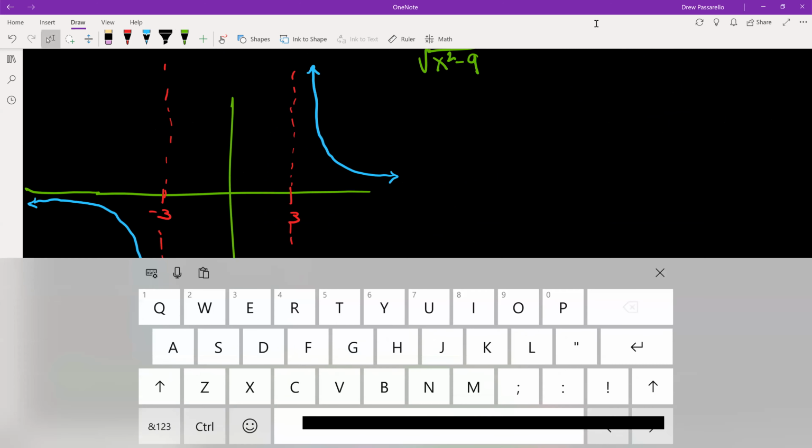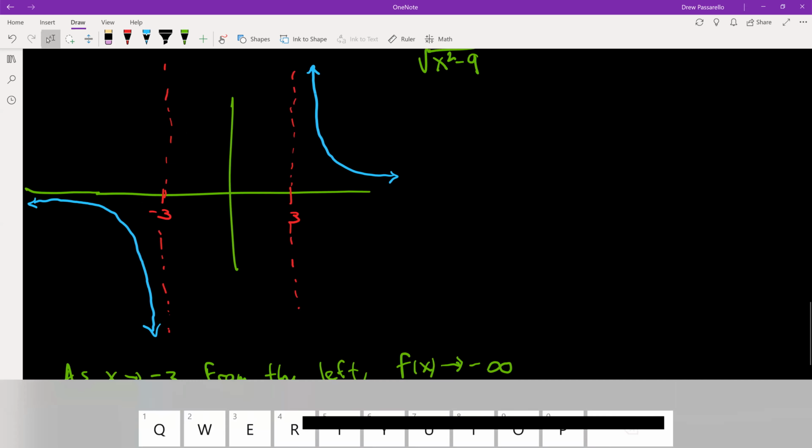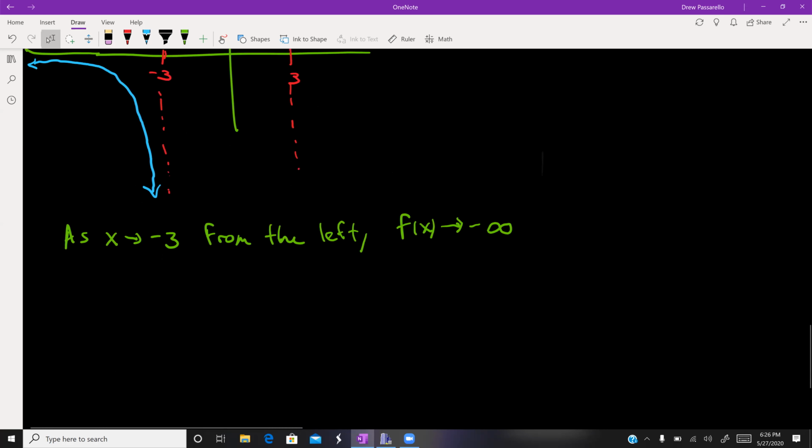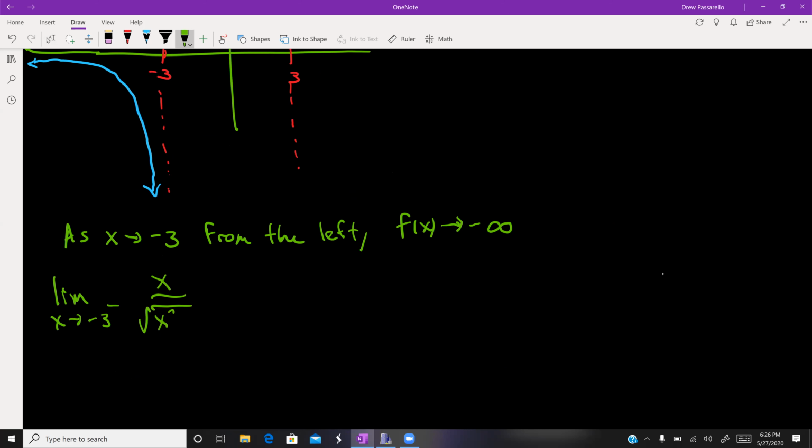So the limit is technically -infinity, but it's not a finite value. So I'd say the limit as x approaches -3 from the left of our function, x over the square root of x squared minus 9, is technically -infinity. It's not a finite value.